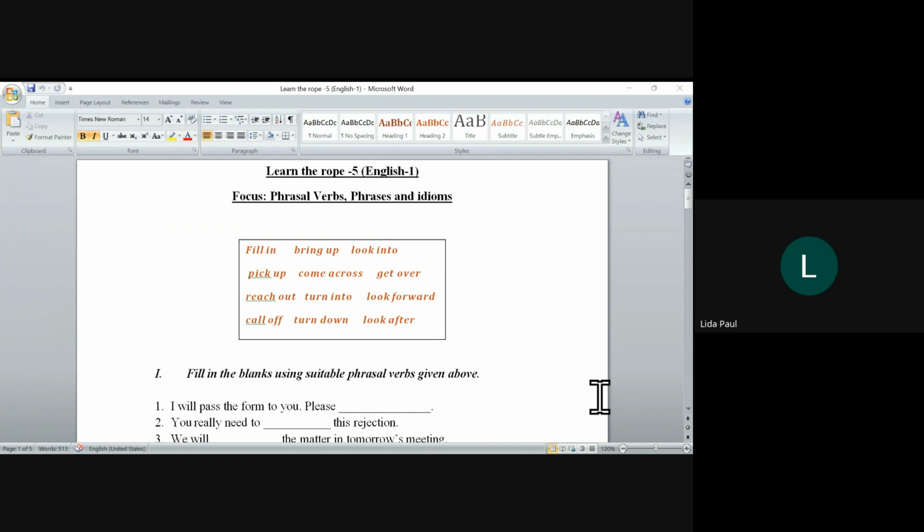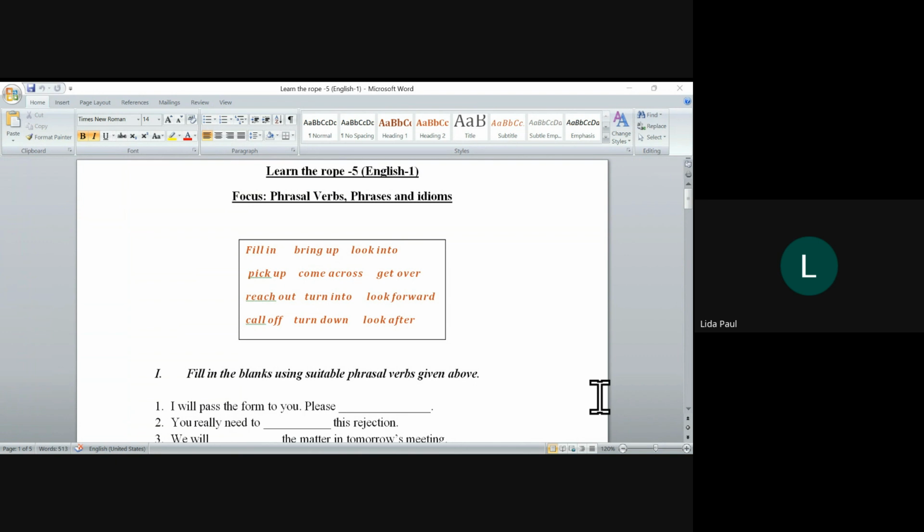Call off means to cancel something, right? The meaning is cancel. Can I say call the meeting off? Yes, it is an example of a separable phrasal verb. The manager called the meeting off.